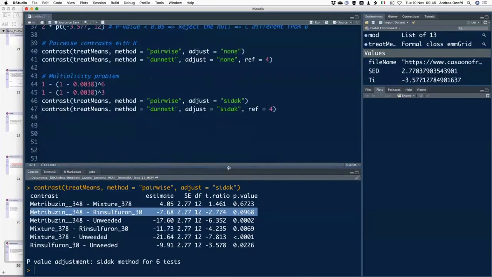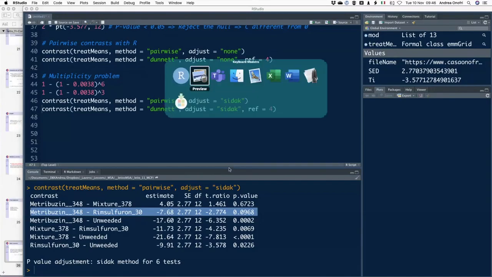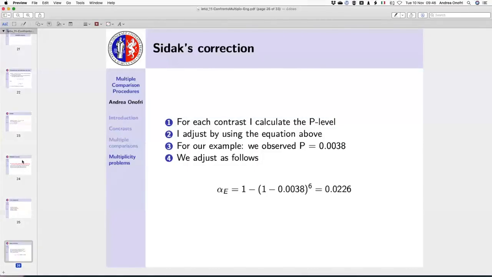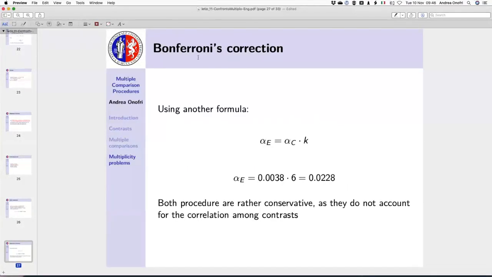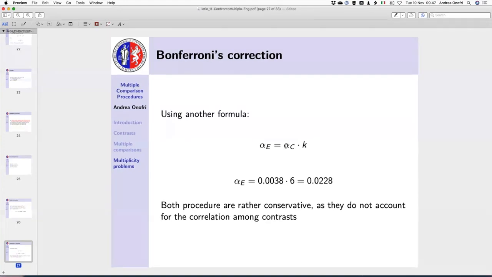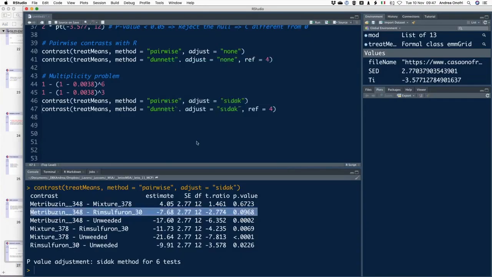That's it. I don't want to go strictly ahead with this. Another possibility is to use the Bonferroni correction. We use a different inequality, which is simply, we take the uncorrected p-value and multiply it by the number of contrasts. That's the Bonferroni correction here. And we see if we adopt the Bonferroni correction, let's take this one.